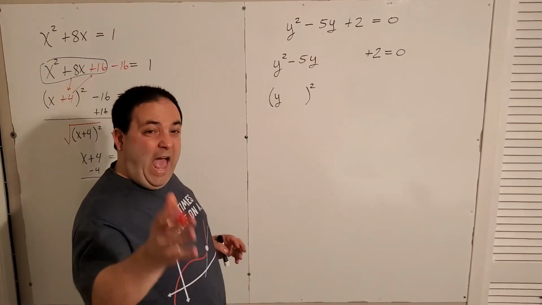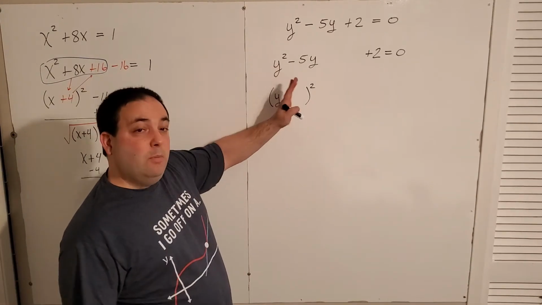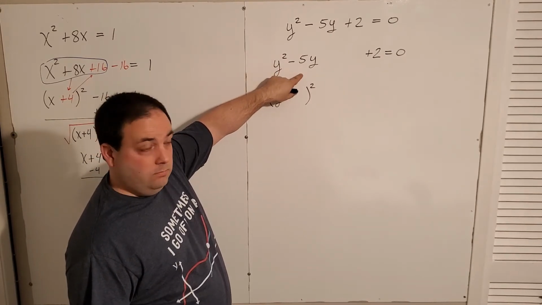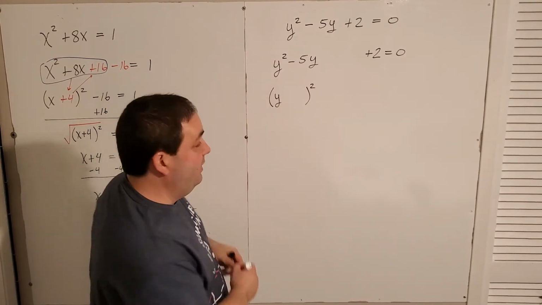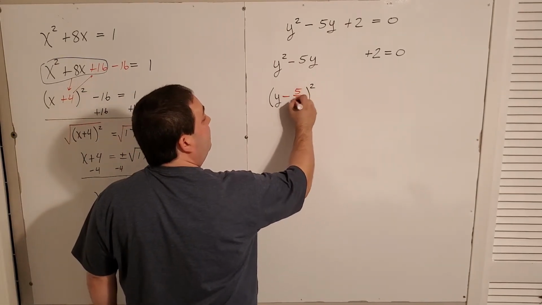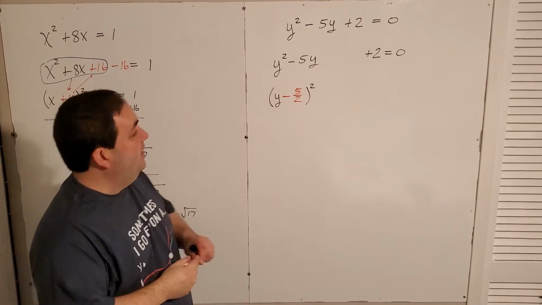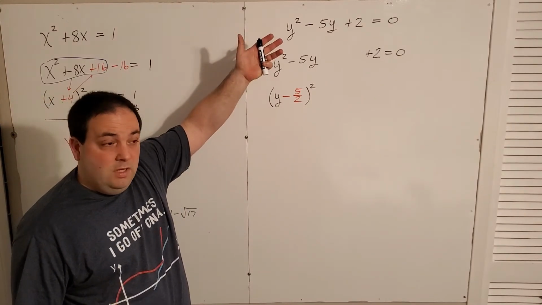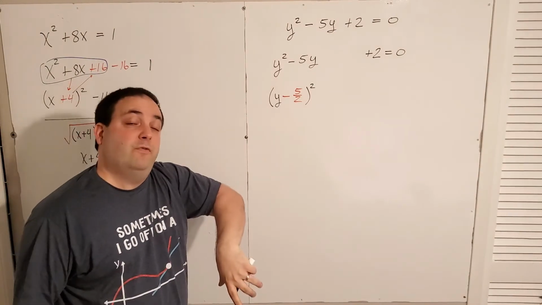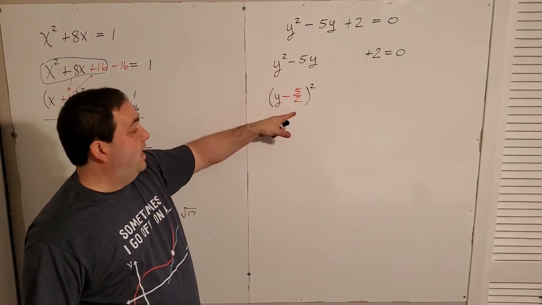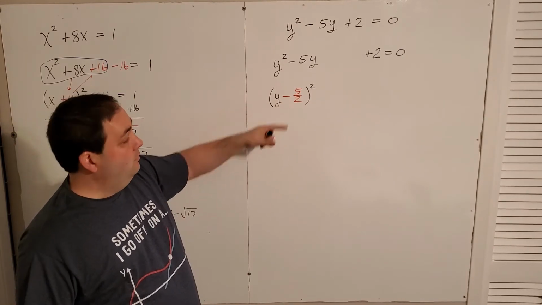Anytime you want to take half of something, you can double its denominator. Technically 5 is over 1 right here. So if I want to take half of it, I would just write 5 over 2. If it had been something like 5 over 7, then I would have written 5 over 14, right? Anytime you double a denominator, you're taking half of the value.